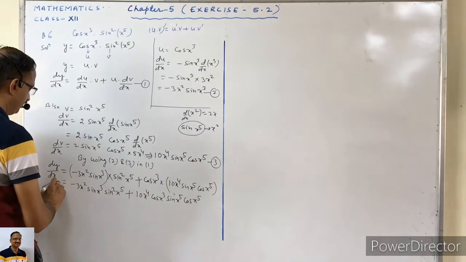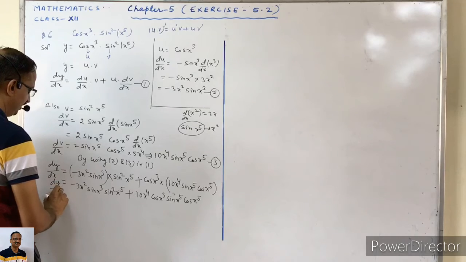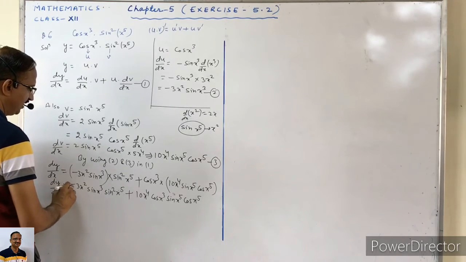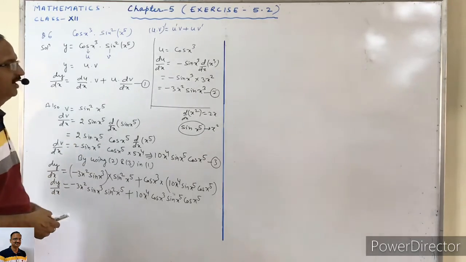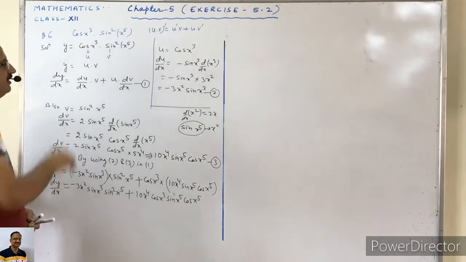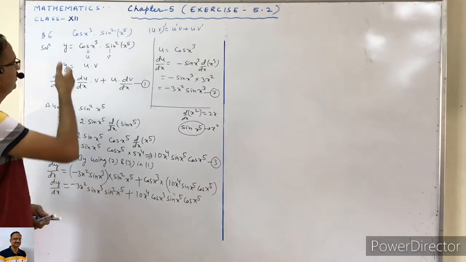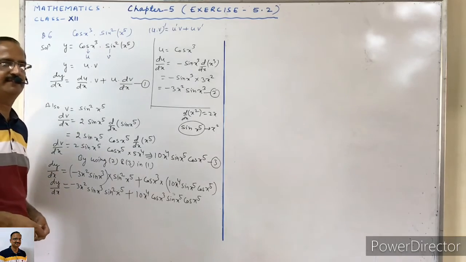So this is the value of dv by dx. So we can say that this is the derivative of the given function, means solution of question number 6.